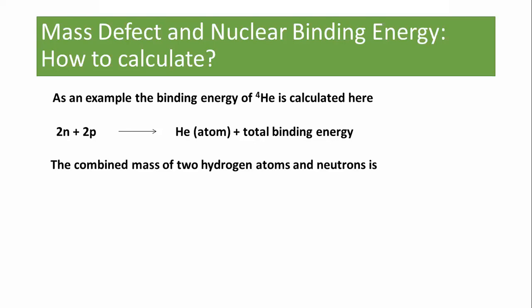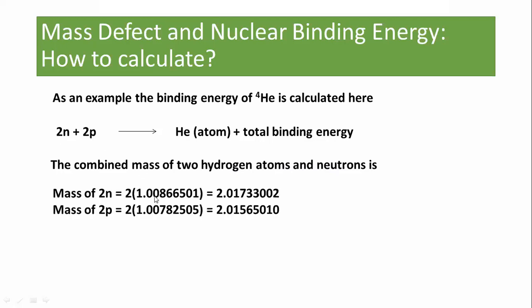So how do we calculate? First is the combined mass of the two hydrogen atoms and the neutrons. A hydrogen atom means the proton; we are talking about protons. So these are the two protons, two neutrons, and the mass of one neutron is this. As it is standard, you must remember this value. If it is not given to you, there are only a few values you have to remember; otherwise, everything will be given to you. There are two neutrons, so you multiply this one by two. This will be the mass of two neutrons.